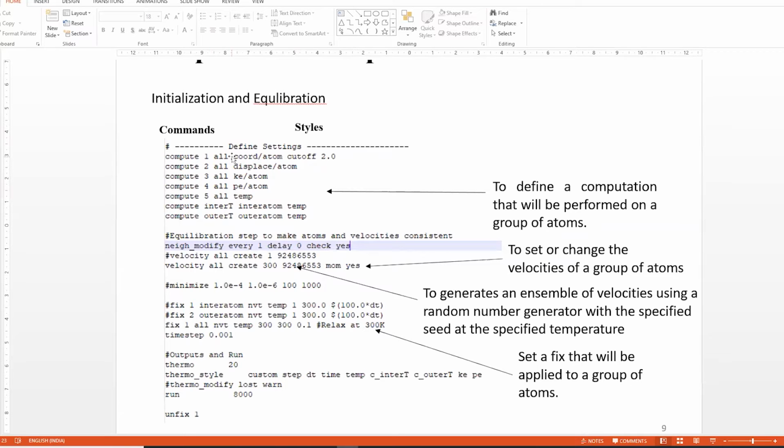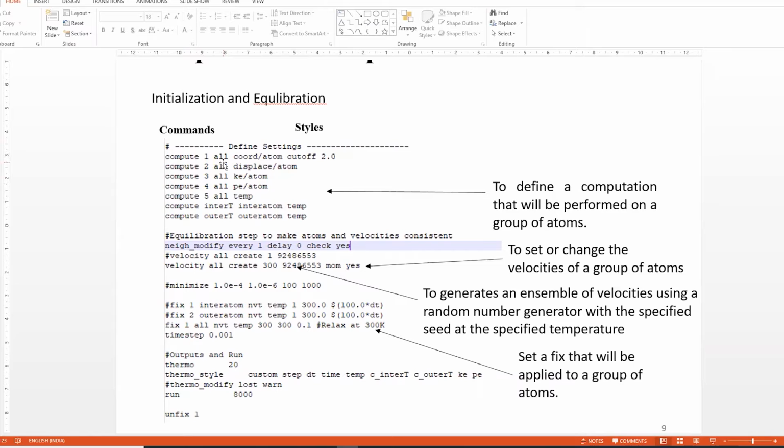Now during your simulation, first you initialize your box, and then you equilibrate, and then you do the final simulation. So the quantity which you are going to dump into the output file, or you are going to calculate, you are going to simulate, you have to mention here in the compute. So there are different computes I have used, compute 1, 2, 3, 4, and these computes you can specify depending on your region.